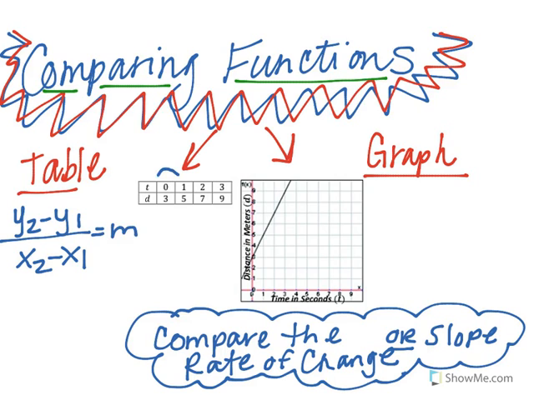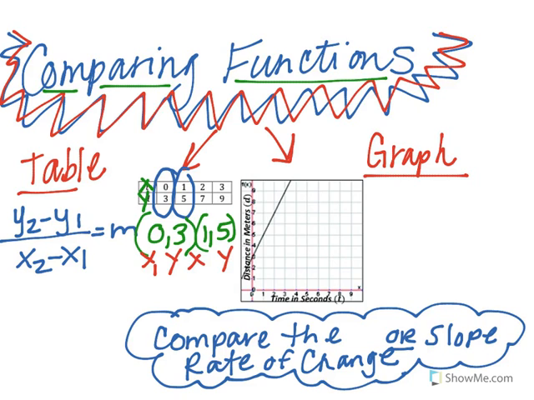So you would pick 2 points in the table, which T and D would really be representing x and y. You'd have 0 and 3 and 1 and 5. This is your x, this is your y. x1, y1, x2, y2.